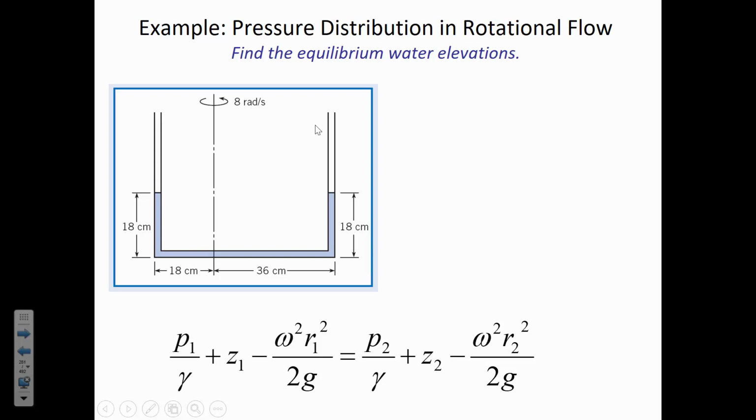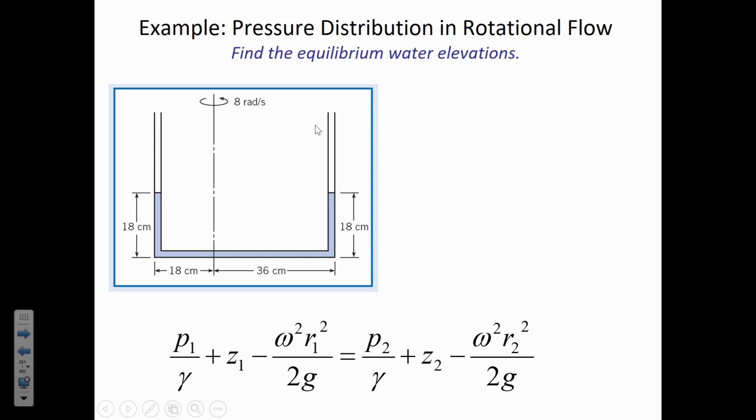We've got this one equation. How many unknowns do we have? 2. Yeah, we don't know Z1 and we don't know Z2. So at first glance, it seems like we're temporarily stuck because we've got this equation, and Z1, well, we don't know. Z2, we don't know. All right.